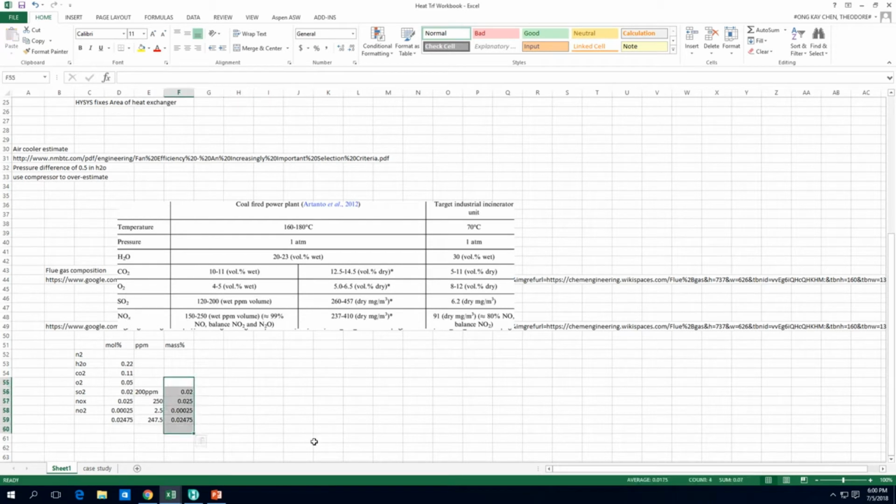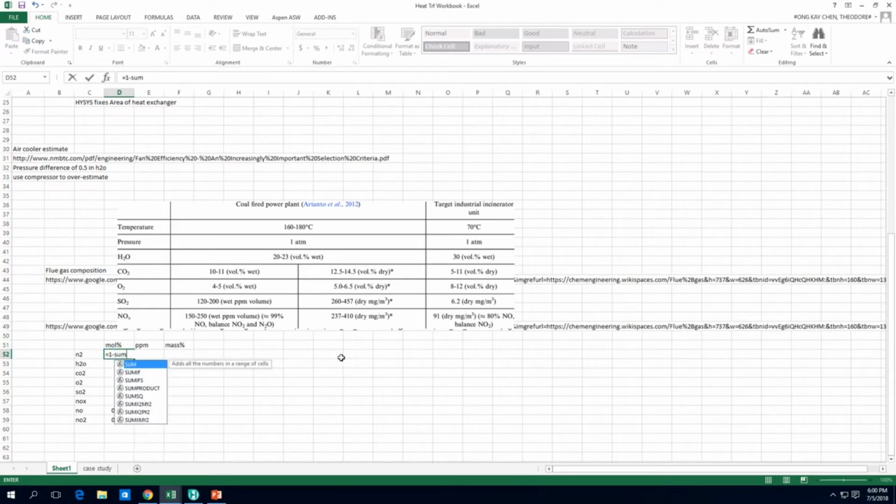That's just an estimation, so it's not reflective of true flue gas, but at least it gives us some kind of estimate. I don't want to take too long to be accurate about things which are not of that much importance. This is just for demonstration of HYSYS. So it's 99% N2, 55% H2O, and the rest are as follows.